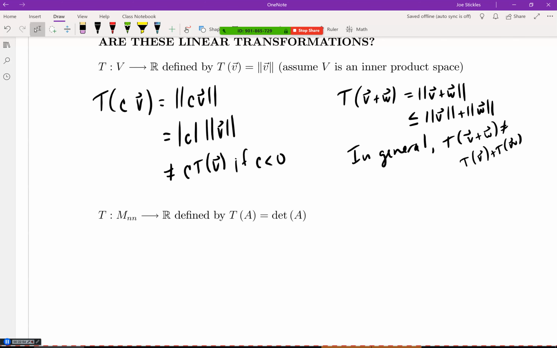A similar idea pops up in the next example, where we take square matrices and map them to the real numbers through the determinant function. Well, we know in general that if I do a constant times A, I think this was on your last test as a matter of fact, if we try to pop this constant out in front, the c doesn't just come out. I have to pop out a c of every single row.